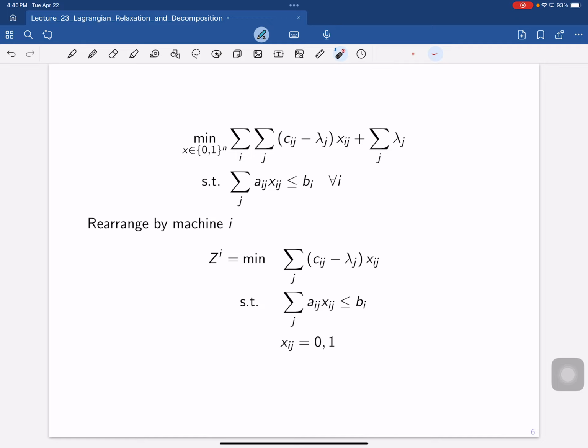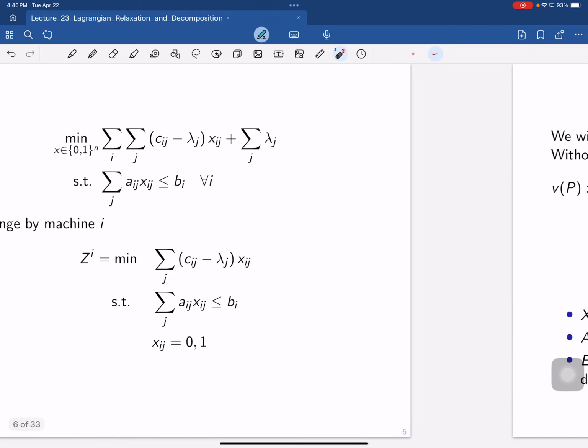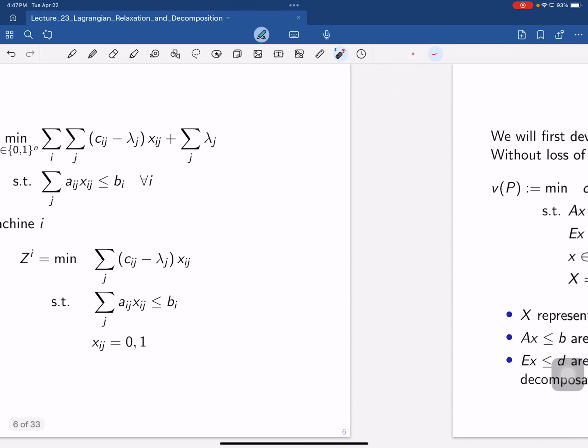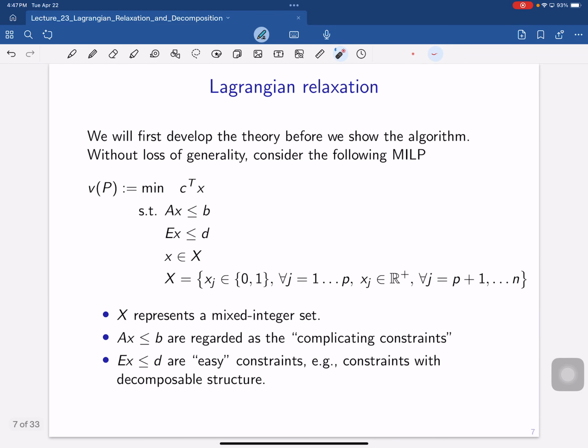Now, hopefully this convinces you that there are meaningful applications where you would like to deal with problems with complicating constraints. So in the next few slides, we will present Lagrangian relaxation in a more general framework.